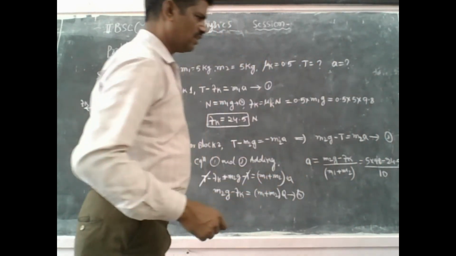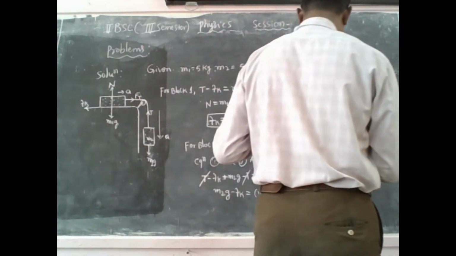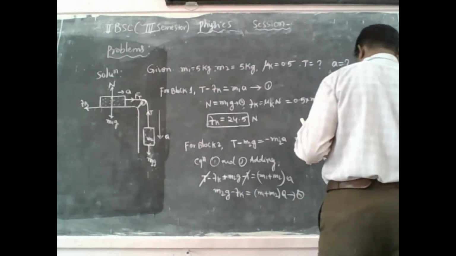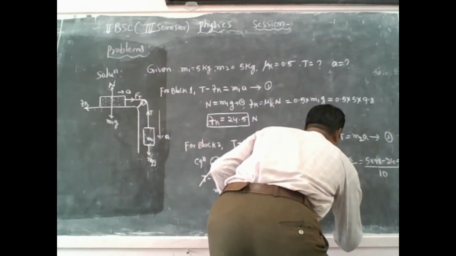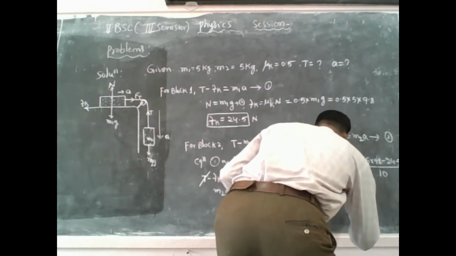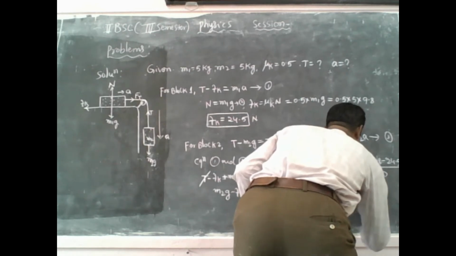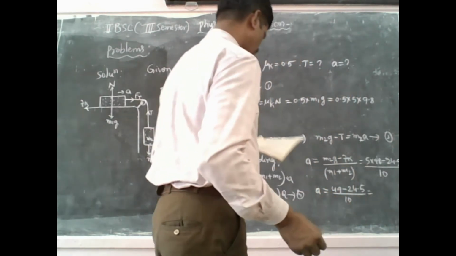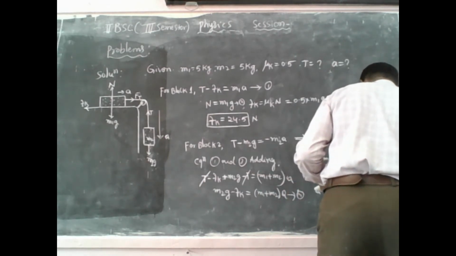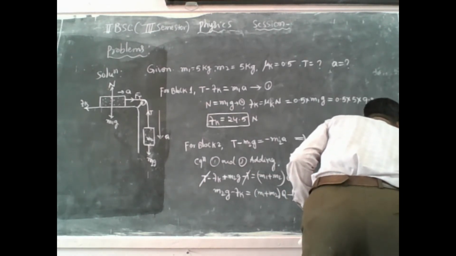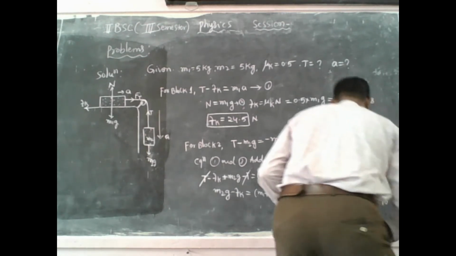So 5 into 9.8 is equal to 49. The acceleration is equal to 49 minus 24.5 divided by 10. Okay.